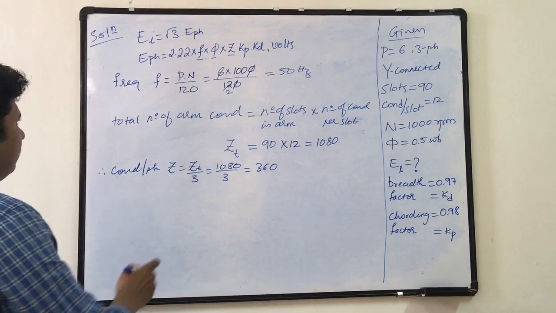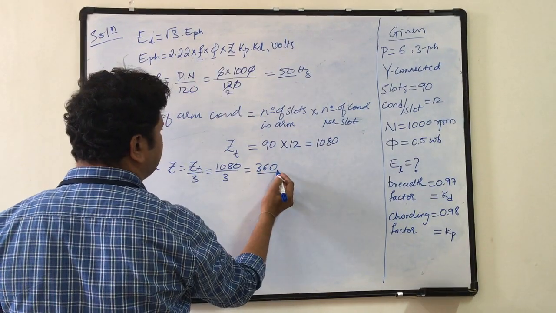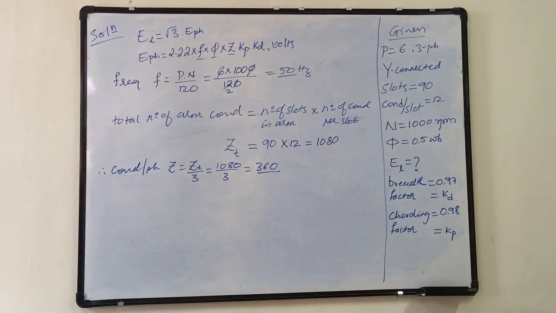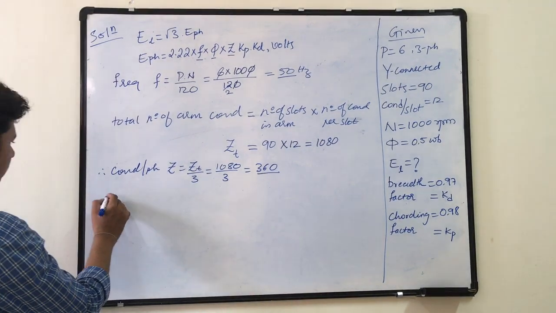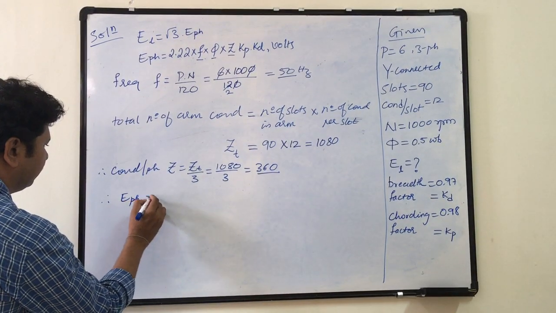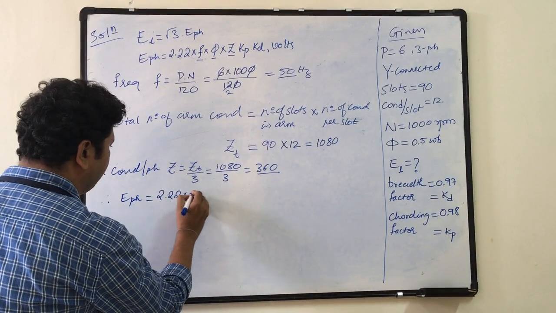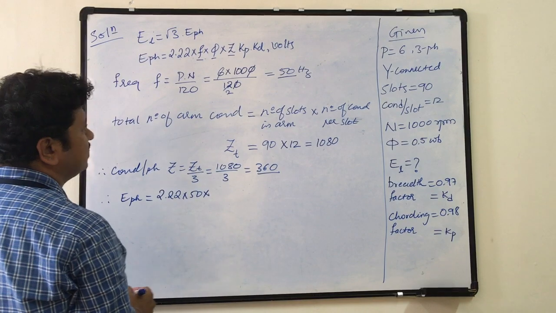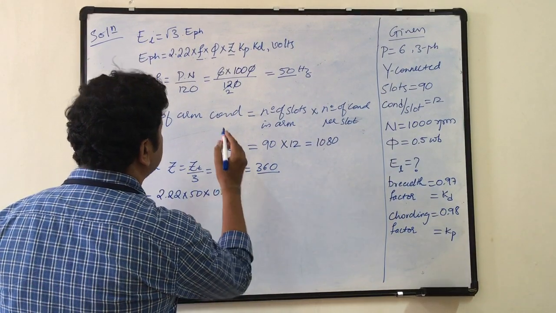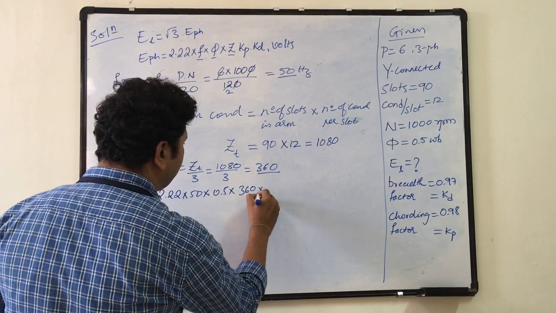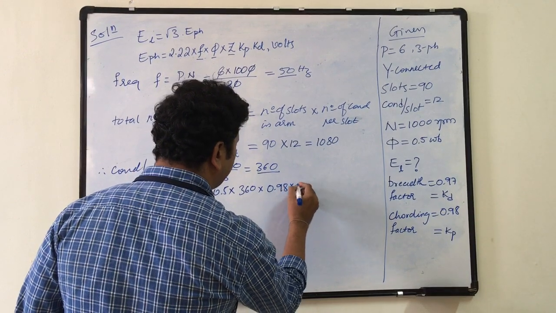Now substitute the value of f 50 Hz, value of Z 360 and other given quantities into the EMF equation. I get the EMF induced per phase. Therefore Eph, or simply E, is equals to 2.22 into 50 into flux produced 0.5 into Z is 360 into Kp is 0.98 and Kd is 0.97.